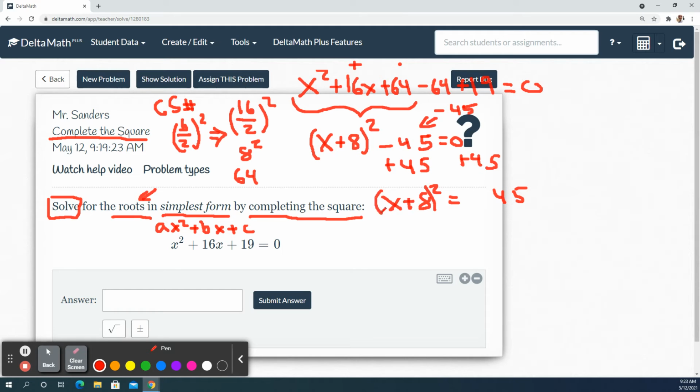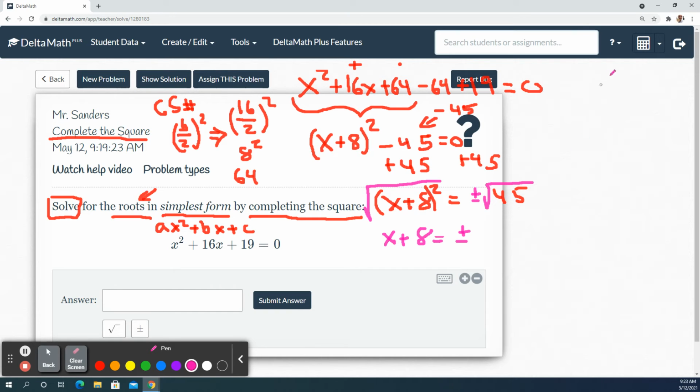To get rid of the square, the opposite of square is square root. What you do to one side, you do to the other. Don't forget what? The plus or minus. This now undoes the square, which leaves us with x plus 8, and we get plus or minus the square root of 45.